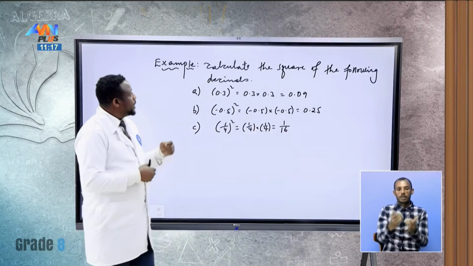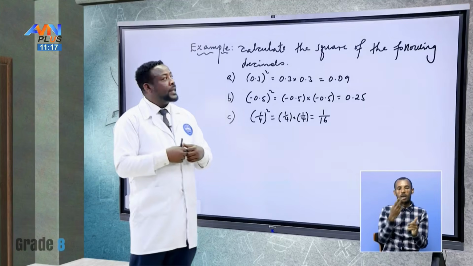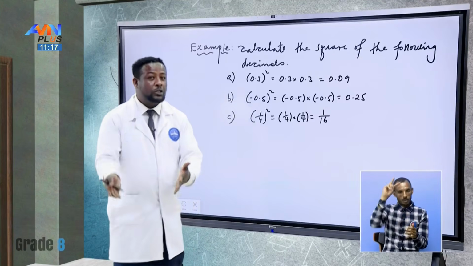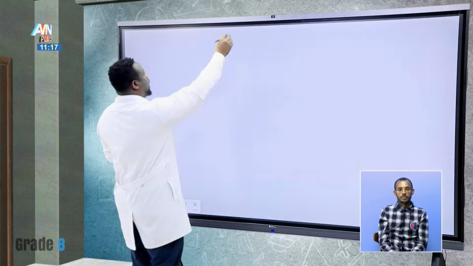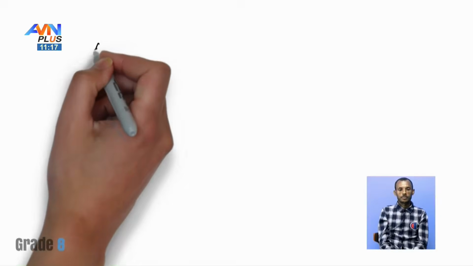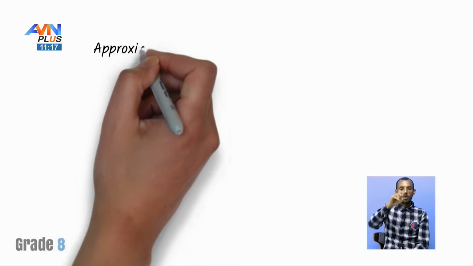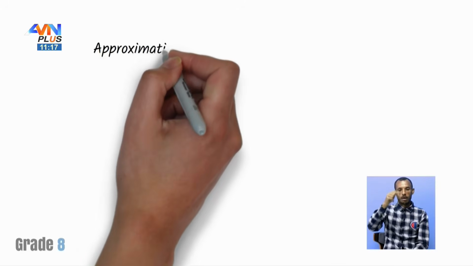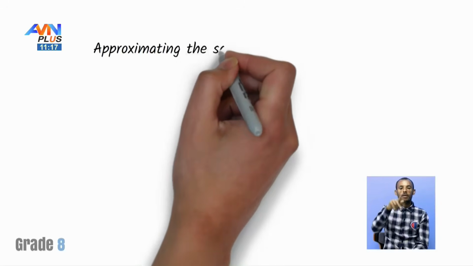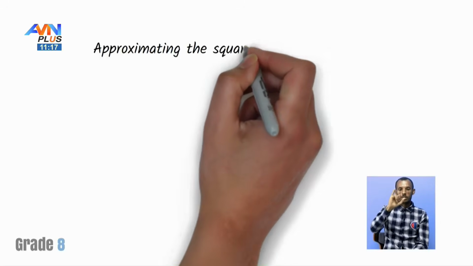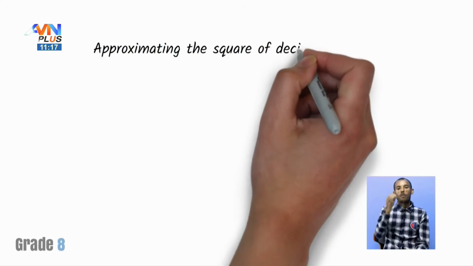Now next, I will show you how you can find the square using approximations. Approximating the square of decimals.